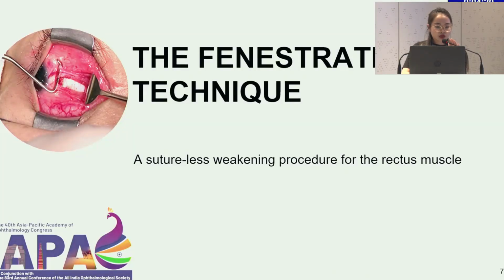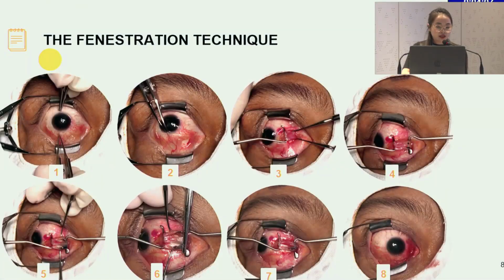To reduce the high risk of ASI, we do a special surgical procedure, the fenestration technique, to spare the ciliary vessels traveling in the medial rectus. In this technique, the muscle is exposed through a conjunctival incision.